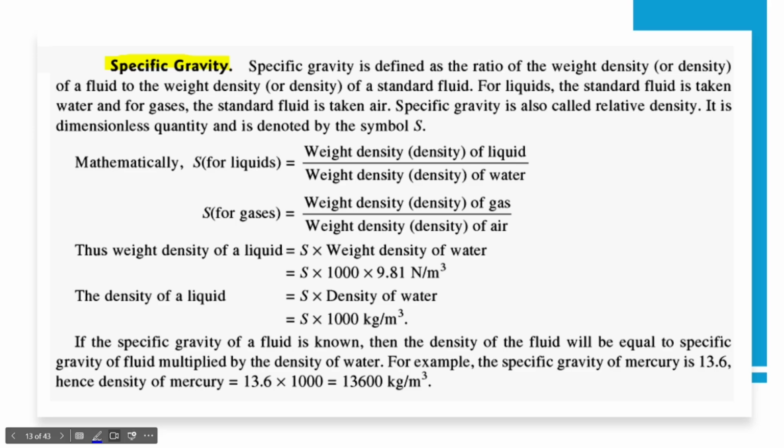But in case of air, what you would get is, see, as for liquids, what is your value? Weight density or density. Weight density is sometimes also referred to as density, so density can also be called weight density.